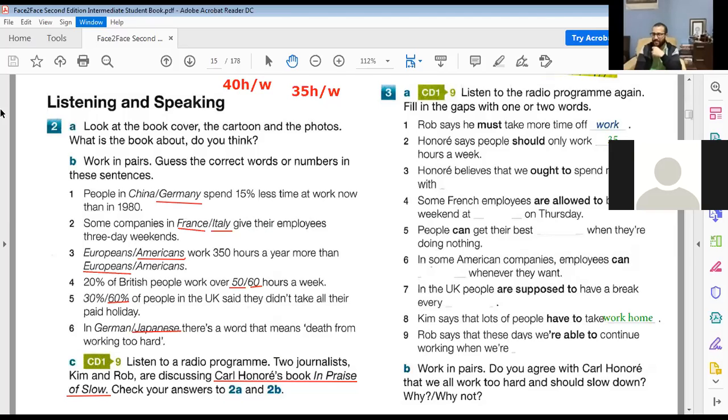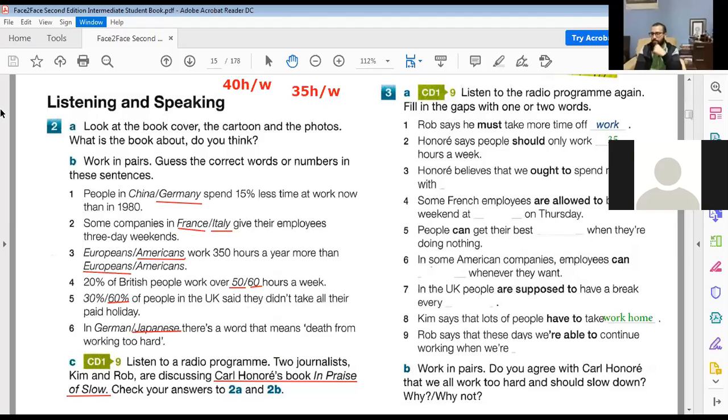Actually, by law, people in the UK are supposed to have a break every 4 hours. But a lot don't, of course. I was also surprised to read that 20% of British people work more than 60 hours a week. We work the most hours in Europe, and it's certainly not making us happier. Yes, and lots of people have to take work home because they're under a lot of pressure to meet deadlines.